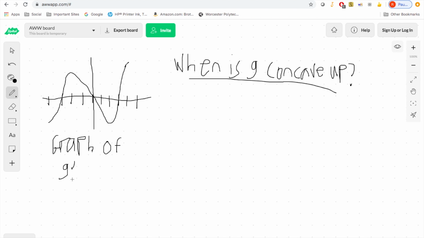Concavity is, I like to think of it as an addition to increasing or decreasing. So when G is concave up, two things have to happen. G prime is increasing.